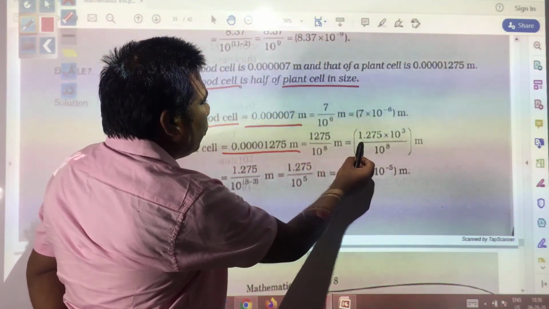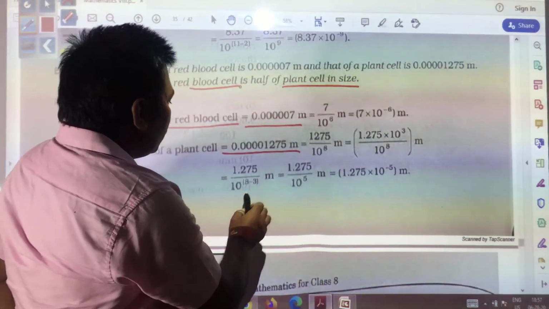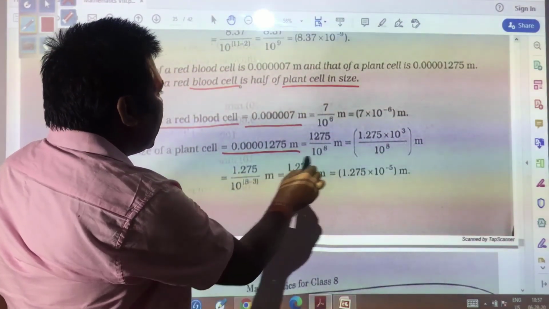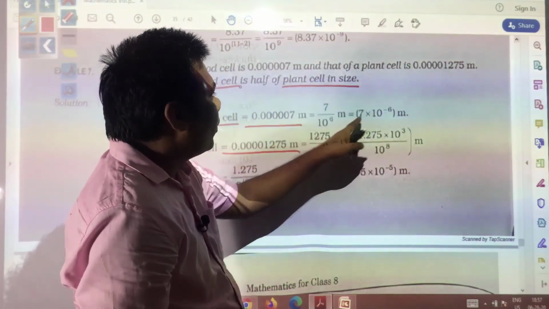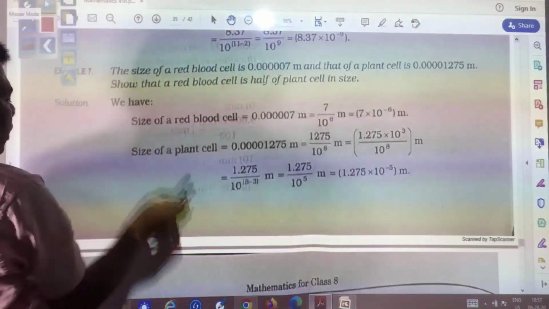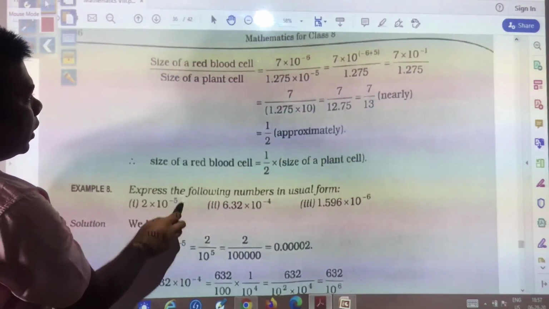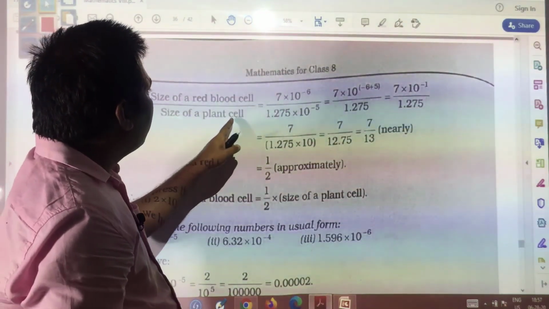So, for the plant cell, after simplifying, what you have got is 1.275 into 10 to the power 3 divided by 10 to the power 8. So, this number is required to be divided by 7 into 10 to the power minus 6. Here you see, size of a red blood cell divided by size of a plant cell.